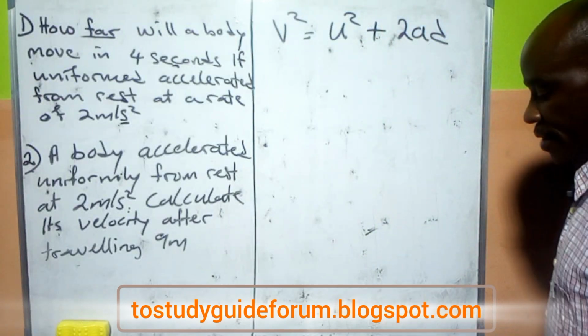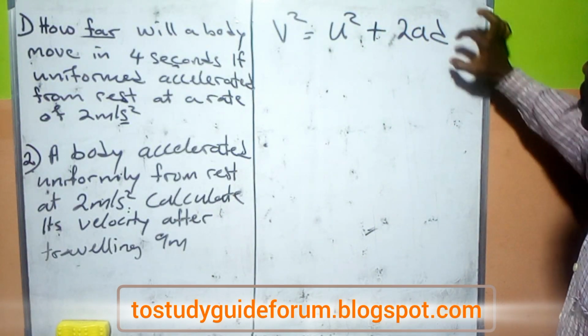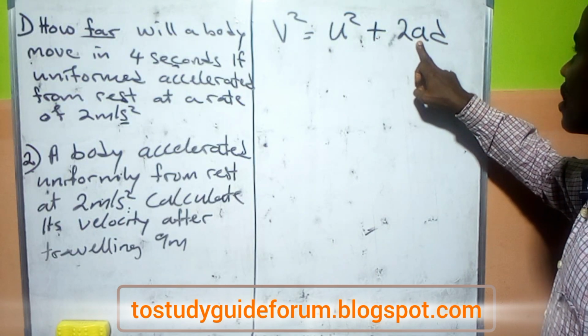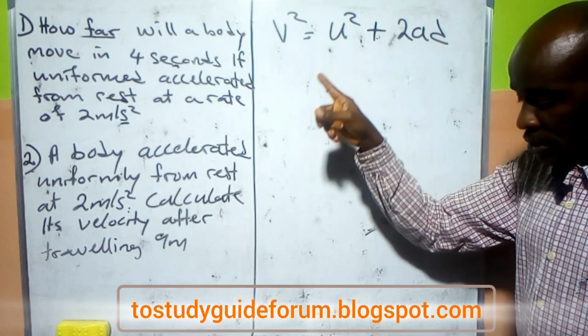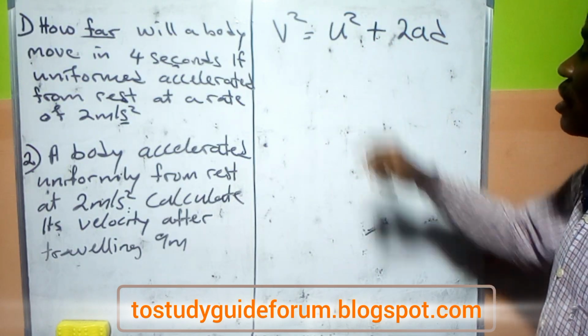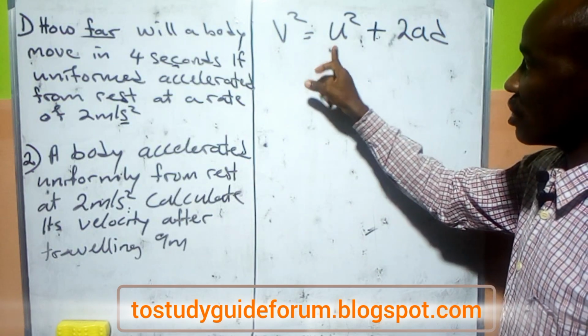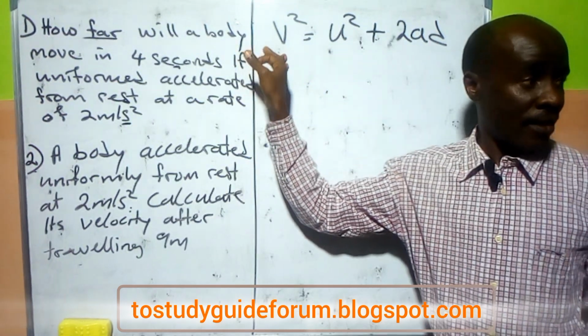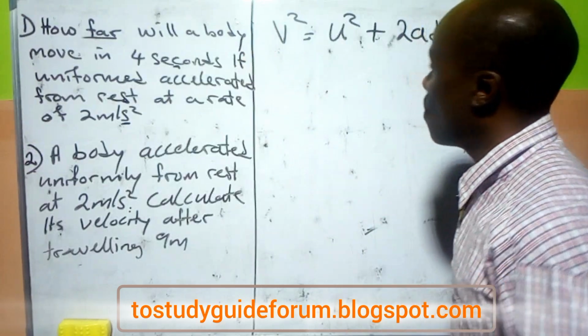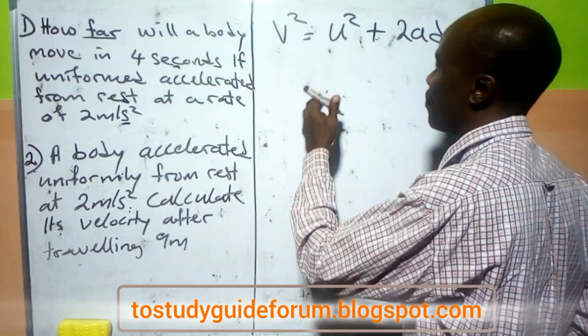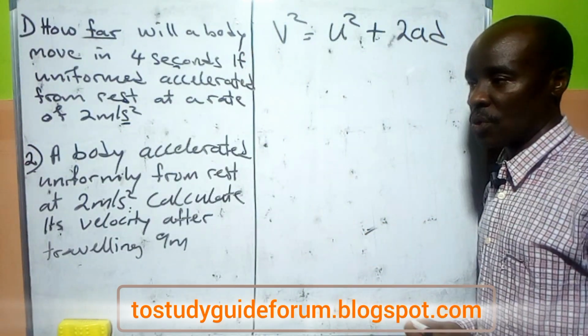So d stands for the distance, a is for acceleration, then u is the initial velocity, and then we have our final velocity v. Now our final velocity is what we're looking for. The initial velocity here is 0.